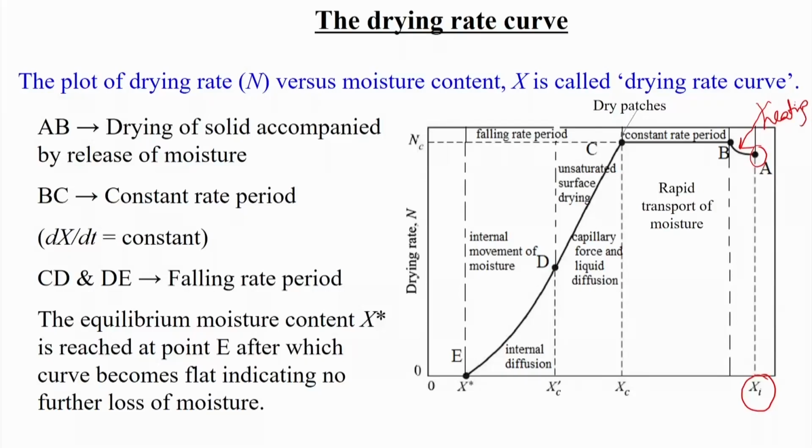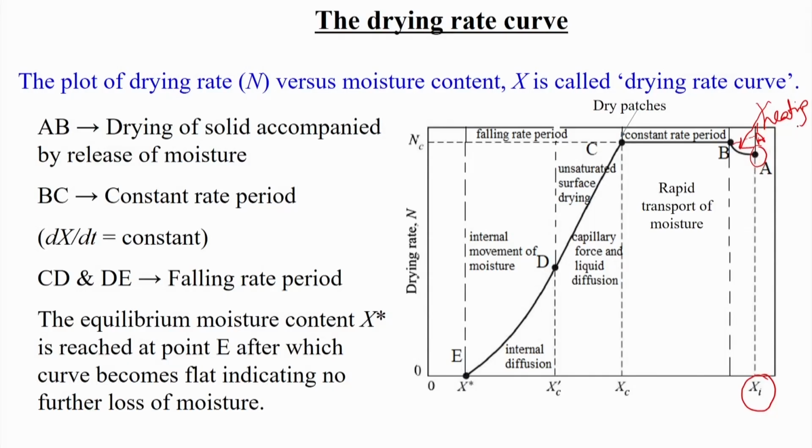Whenever we do the heating, sometimes the drying rate increases, but in some instances the drying rate also decreases. So sometimes there will be an A prime, meaning the drying rate in the beginning may decrease depending on the material, and it may start from here also.